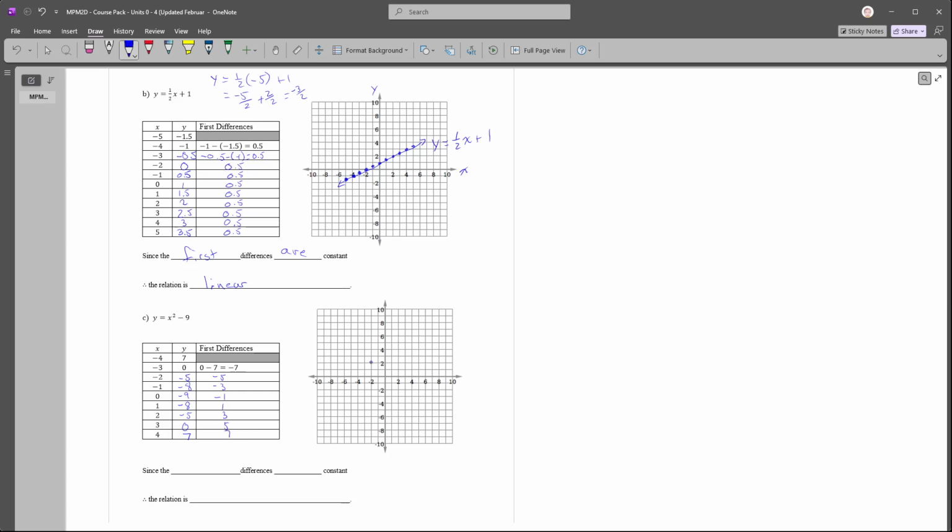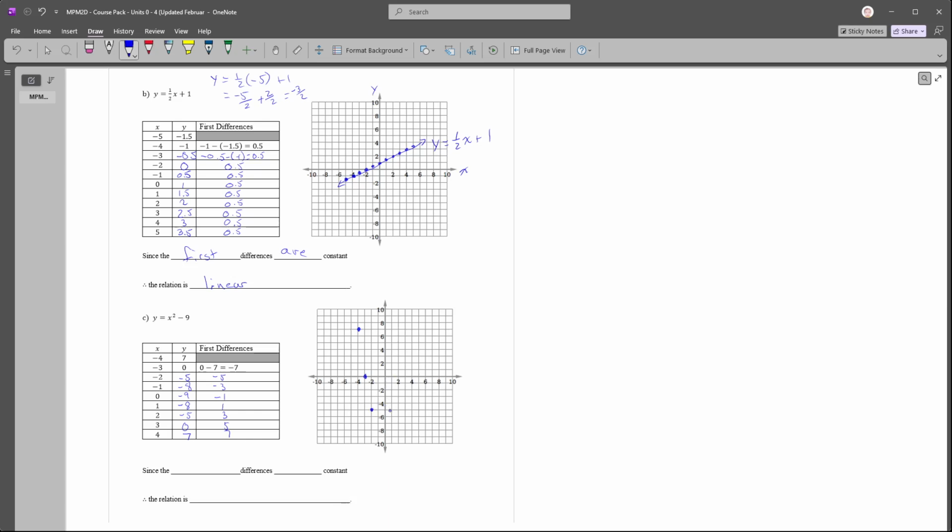Well, let's graph it just to see what it looks like. So we have negative 4, 7. So negative 4 all the way up here, right there. Then we have negative 3, 0. Negative 3, and a y value of 0. So right here. Okay. And then we have negative 2, negative 5, all the way down here.